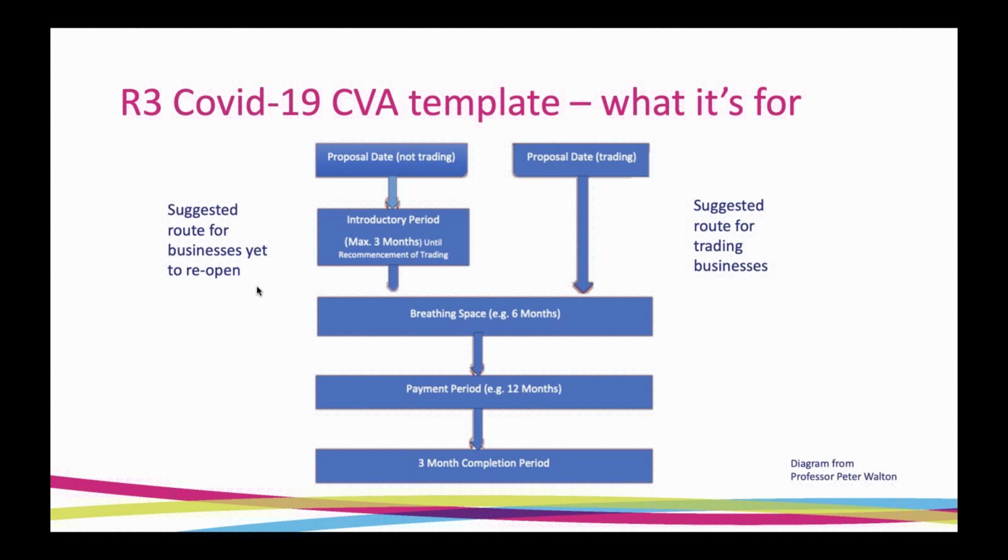And then once it has started trading, it then has this breathing space, this moratorium on historic debts, and the suggested period for that is 6 months. And after that, it then moves into the phase where it continues to trade and then pays the supervisor to pay the creditors. The suggested period for that is 12 months. And then at the end of the CVA, there's a further 3 months allowed to wrap it up and close it down.